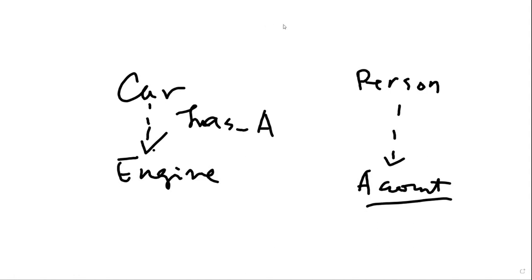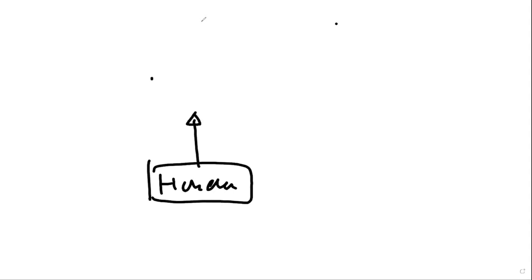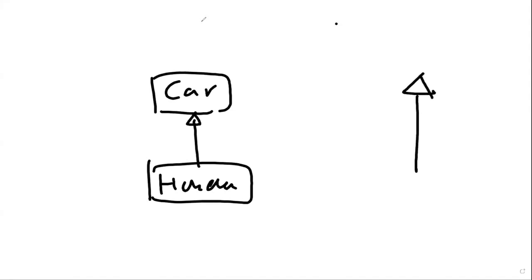And the other one is the is-A relationship. Is-A relationship is like a Honda car. Honda car is a type of car. So we use a straight line and a solid white head for it. This is the is-A relationship.